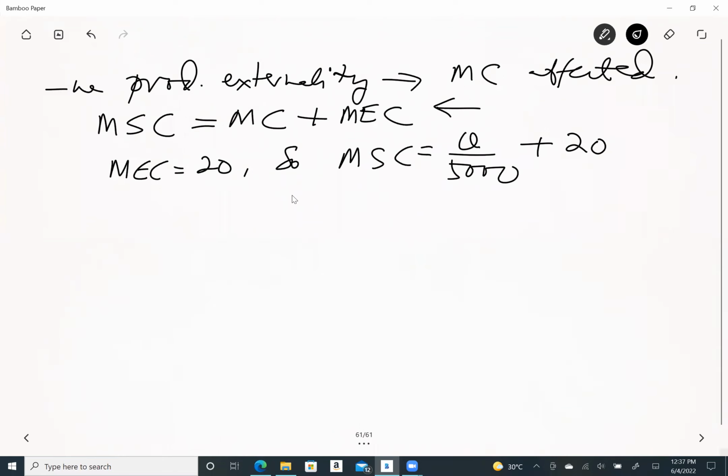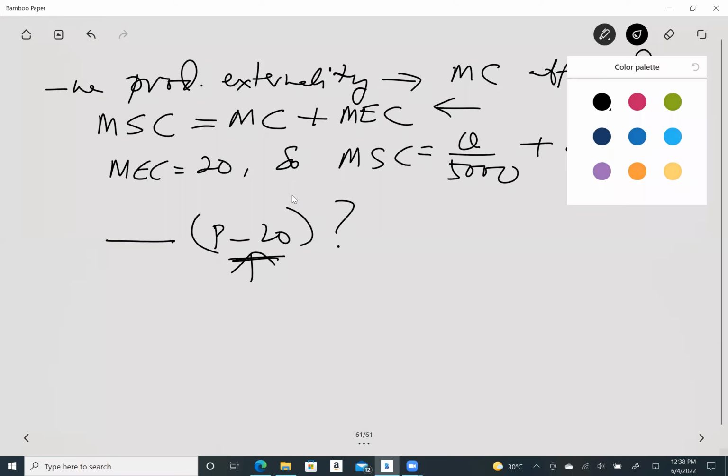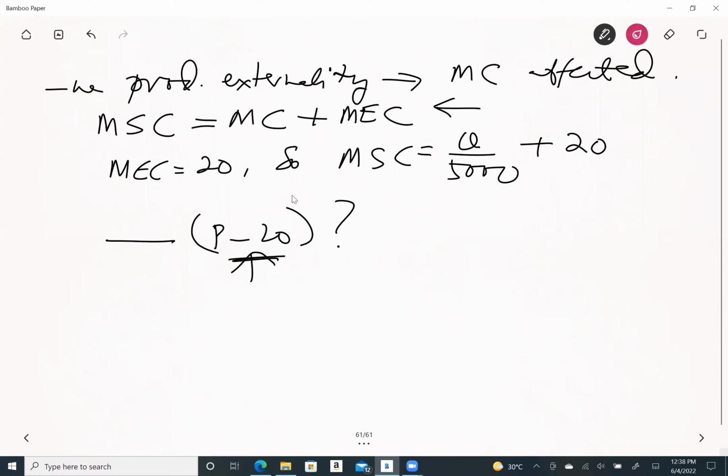Okay. Now, if you use Q as a function of P, I don't know, you put P minus 20, multiply by the thing. So how do you explain that? All right, so this is the way to do it. I'm not saying this is wrong.